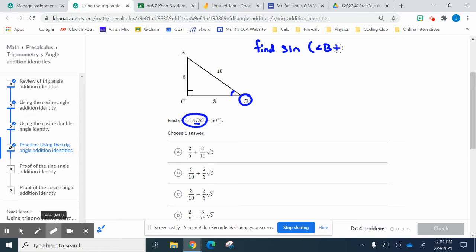Sorry about that, I can't erase for some reason, so I guess I won't erase. So we want the sine of angle B minus 60 degrees.